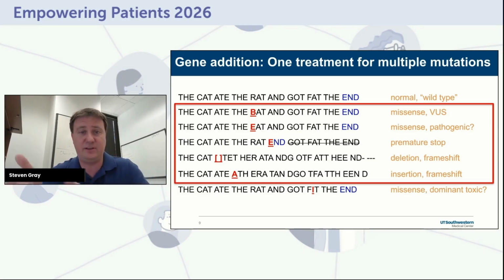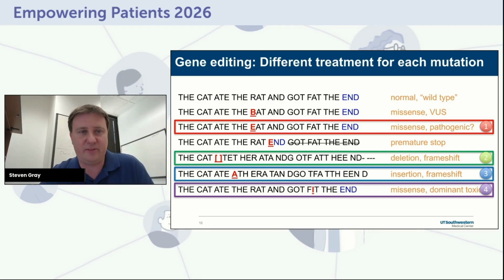So even though they're different individual types of mutations and they're in different locations, they all result in basically the same thing, that you can't make as much of this protein as the body should. And so all of those could be treated with a gene addition.